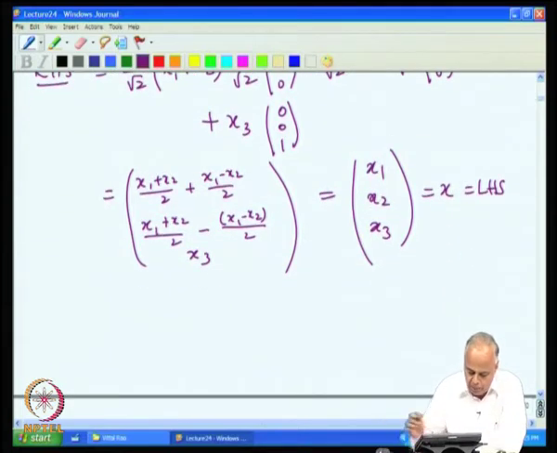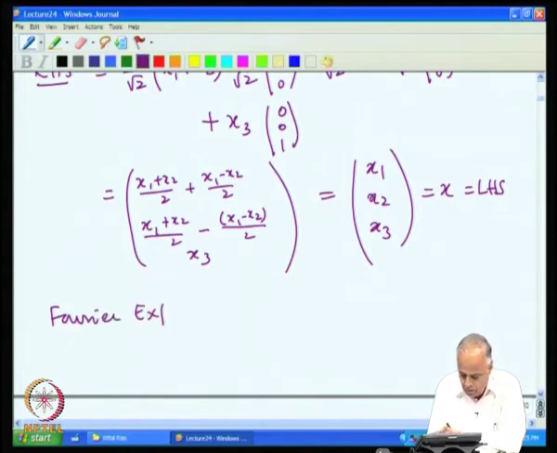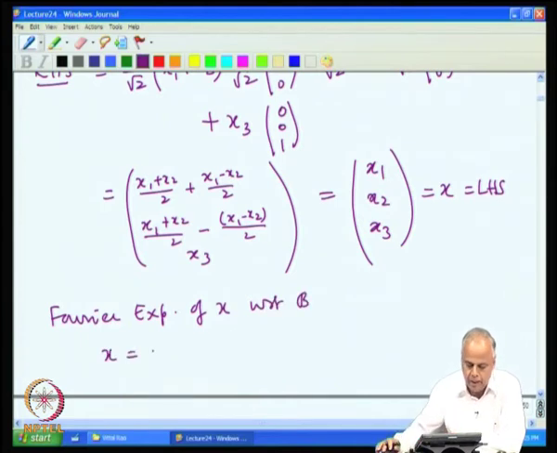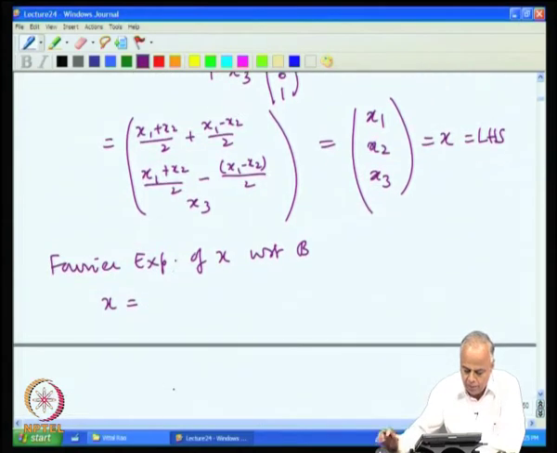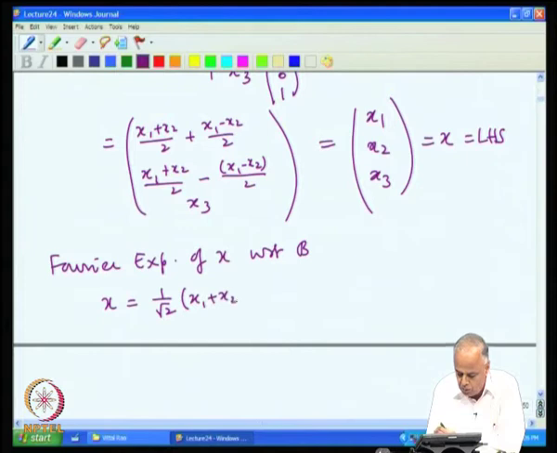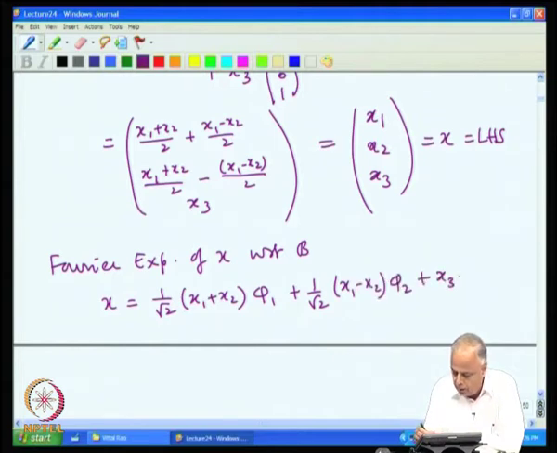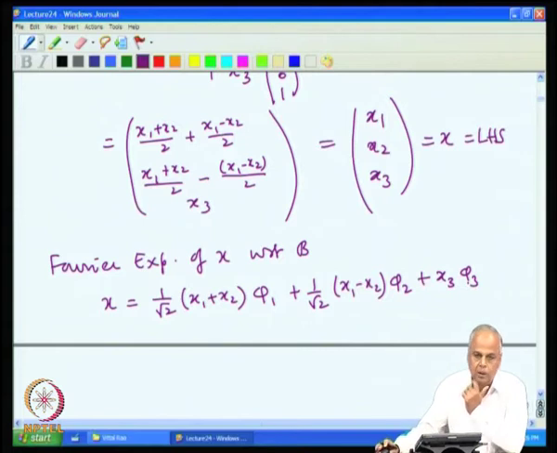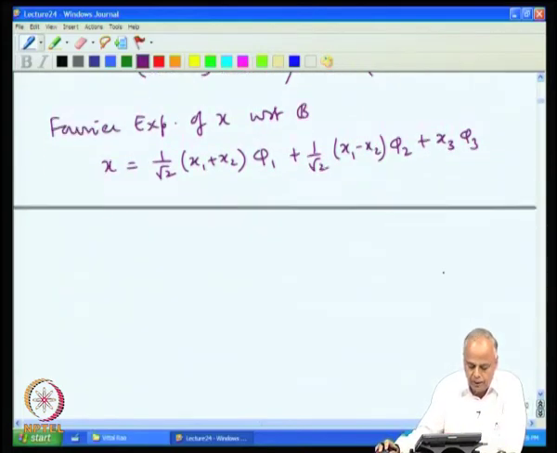So, the Fourier expansion of x with respect to B is therefore x equal to 1 by root 2 into x 1 plus x 2 into phi 1, plus 1 by root 2 into x 1 minus x 2 into phi 2, plus x 3 into phi 3. So, this verifies the Fourier expansion.